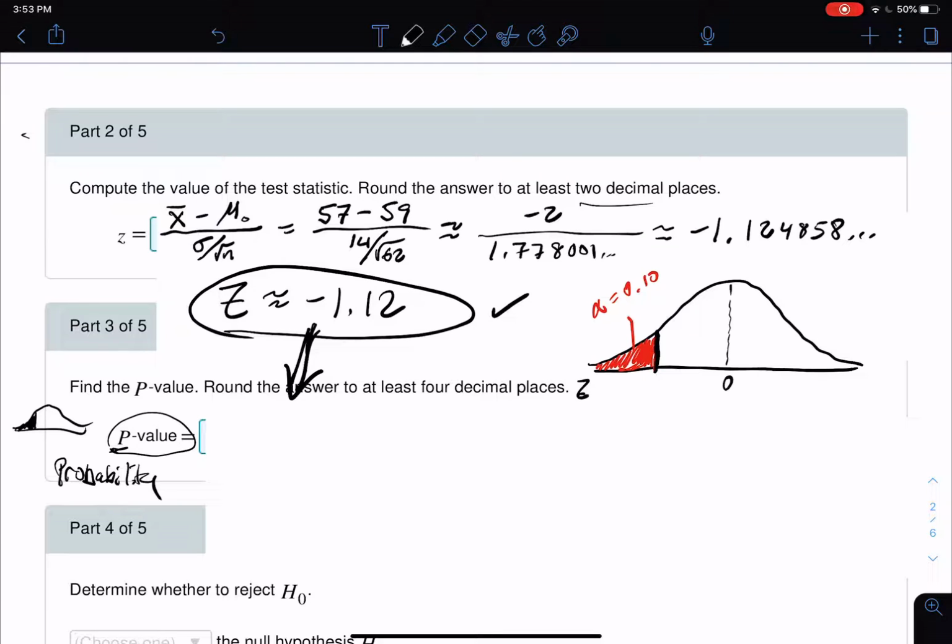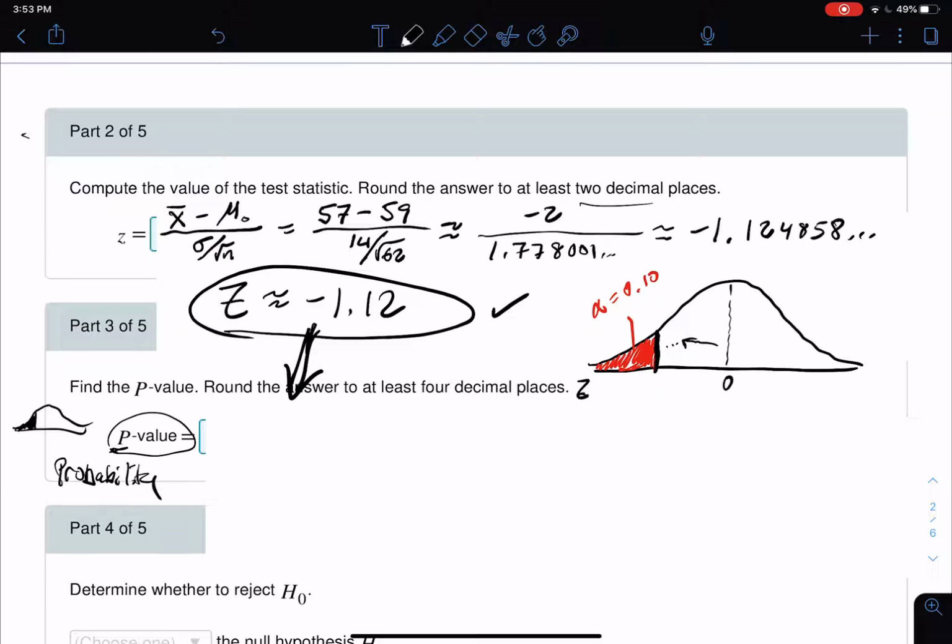If we're doing the critical value method, if we get into this critical region, we have to reject, right? But this particular problem, we're looking at p-values, which is area. So basically, if our area is smaller than that area, we have to reject. If the area is bigger than that area, we do not reject. Okay, so how do we do this?